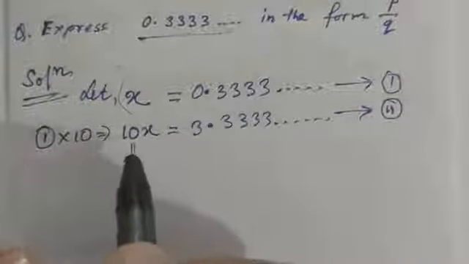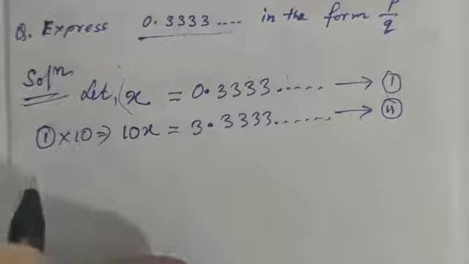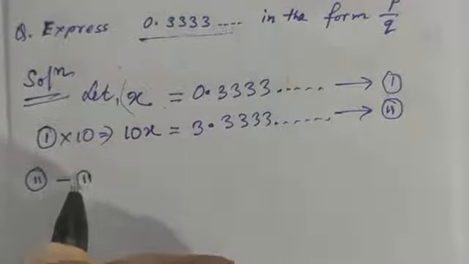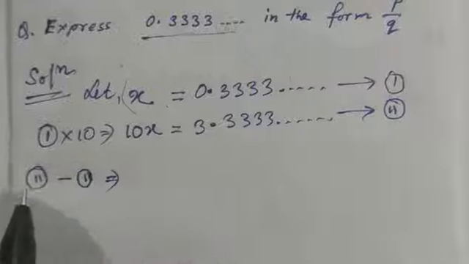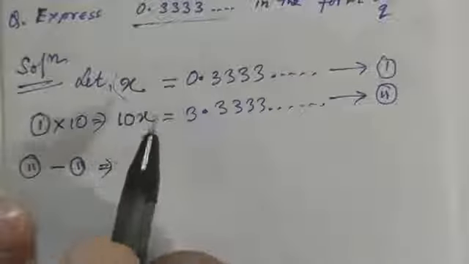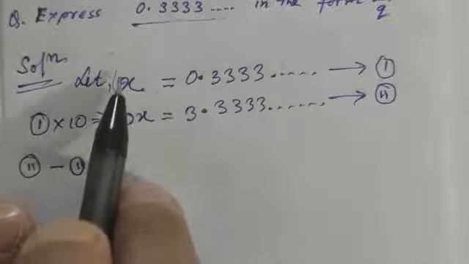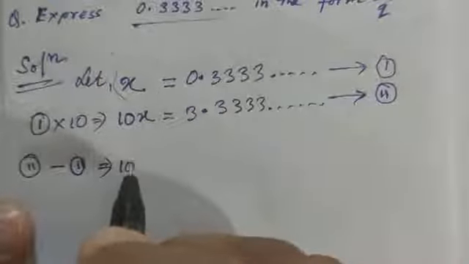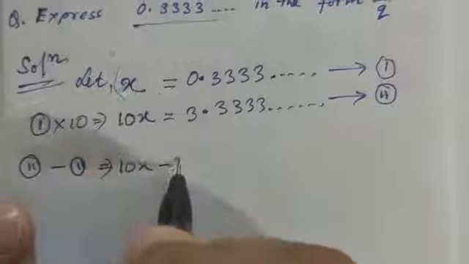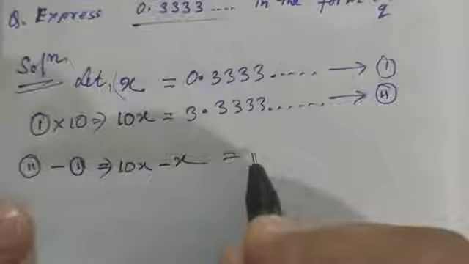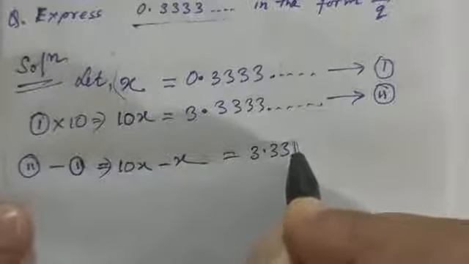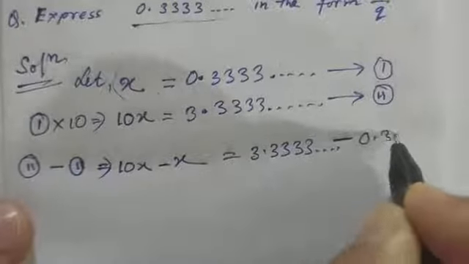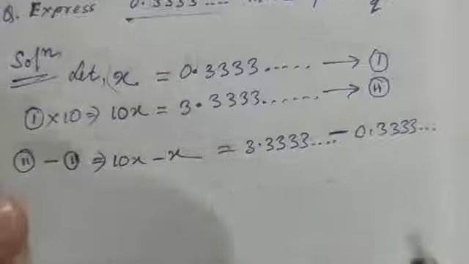Now let us subtract equation 1 from equation number 2. If you do so, left hand side minus left hand side, then what will it be? 10 times x minus x, and this side it is 3.3333 repeating minus 0.3333 repeating.